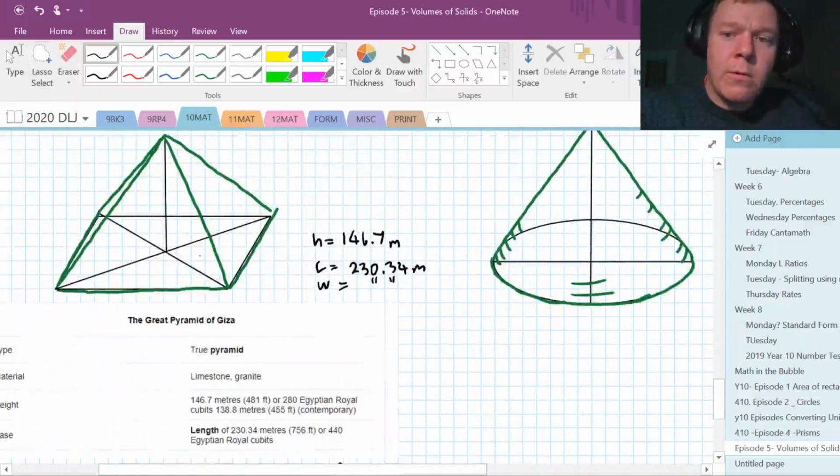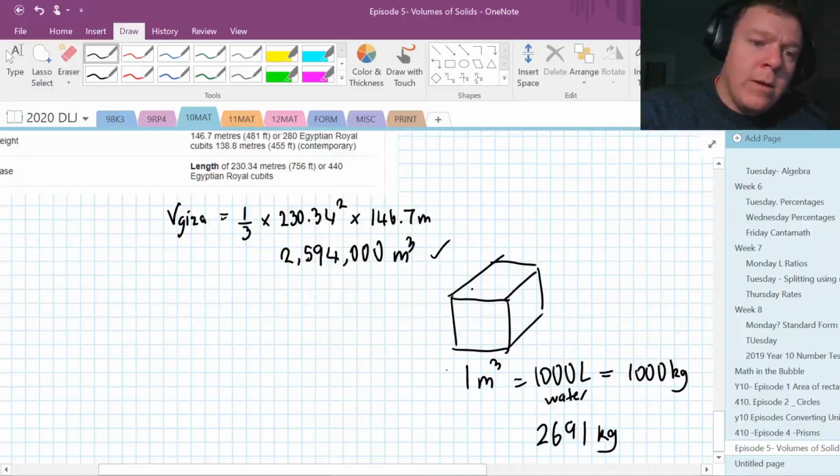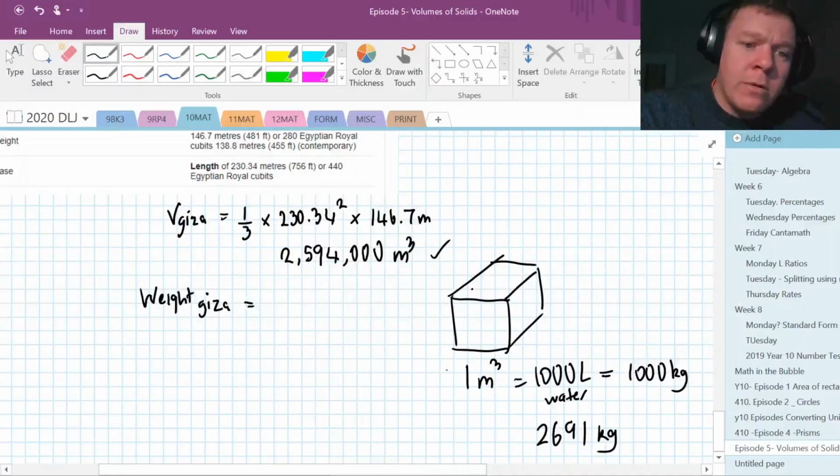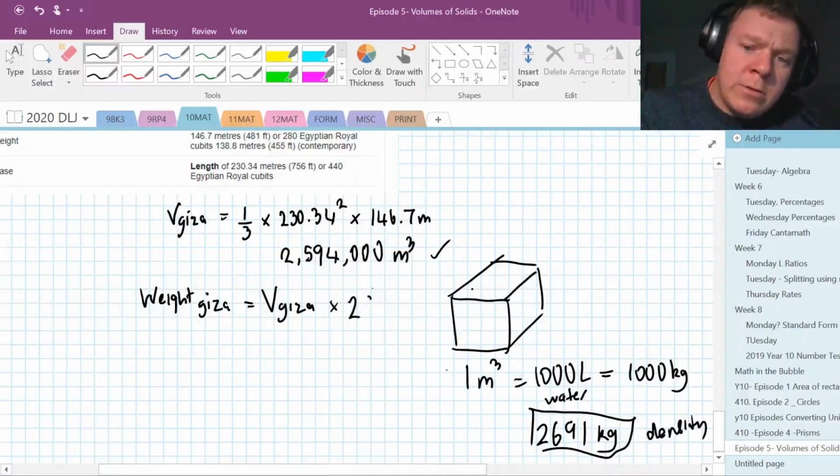We want to do the weight of the Giza is going to equal the volume of the Giza times our, this is called a density, 2,691.